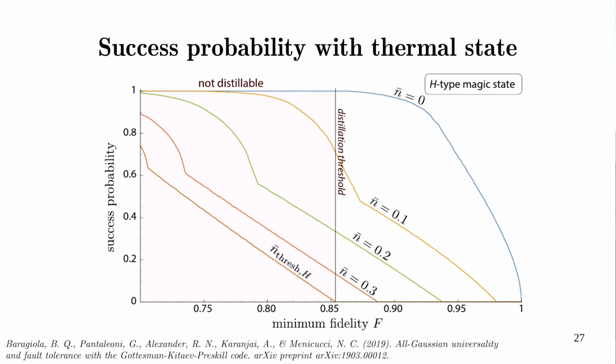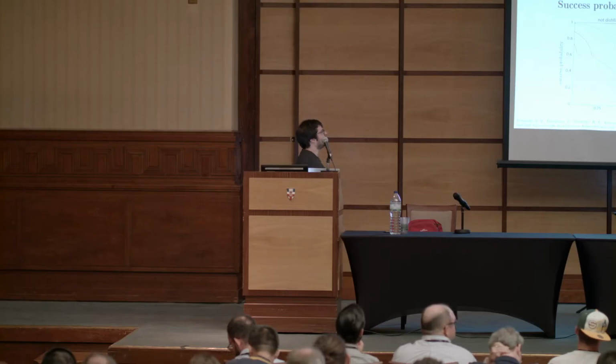Now, this graph is not the easiest to read, but what it's telling us is that if we want a state with minimum fidelity on the X with respect to the Hadamard eigenstate, then our error correction on the vacuum protocol is going to give us a magic state with success probability of whatever we have on the Y. So as we can see, when we consider thermal states, the success probability goes down by quite a bit.